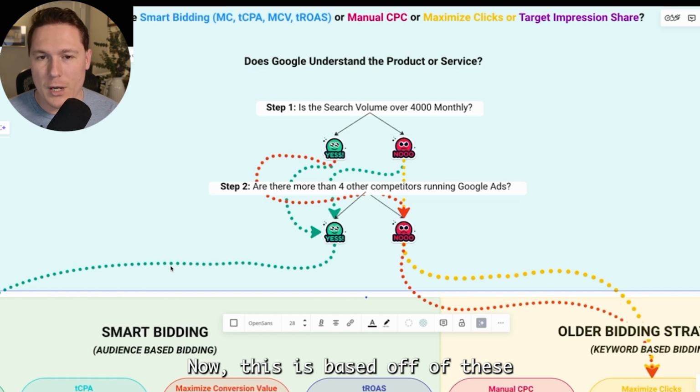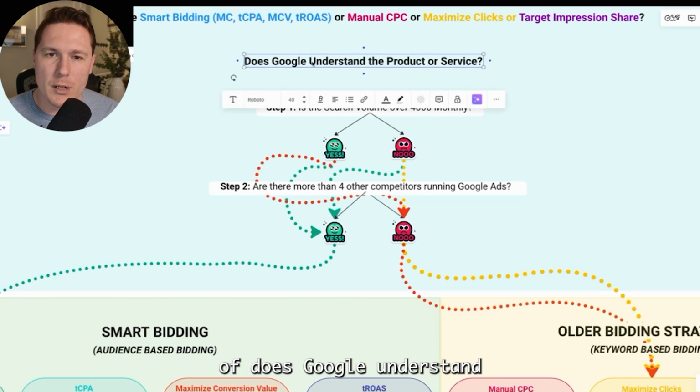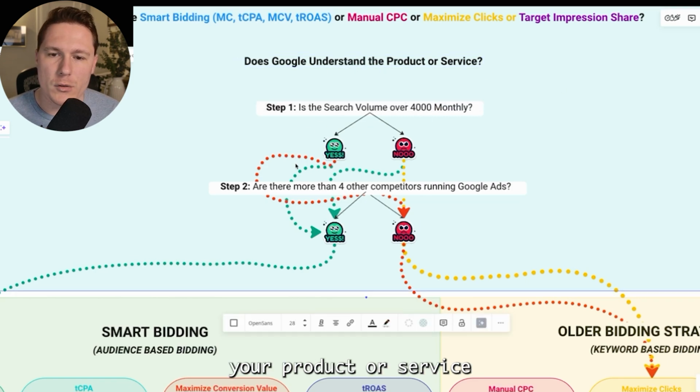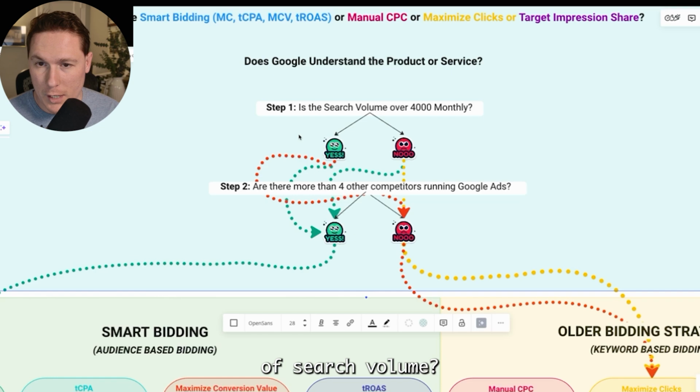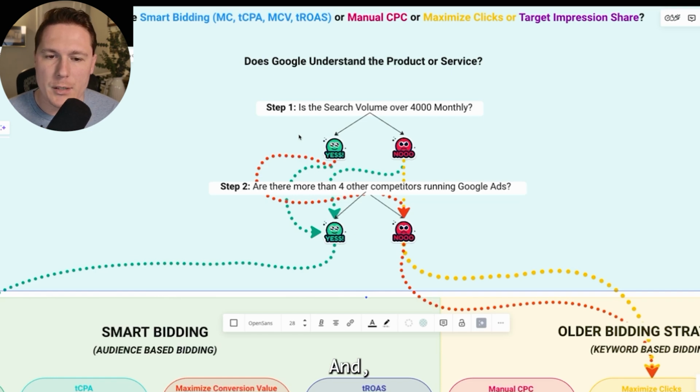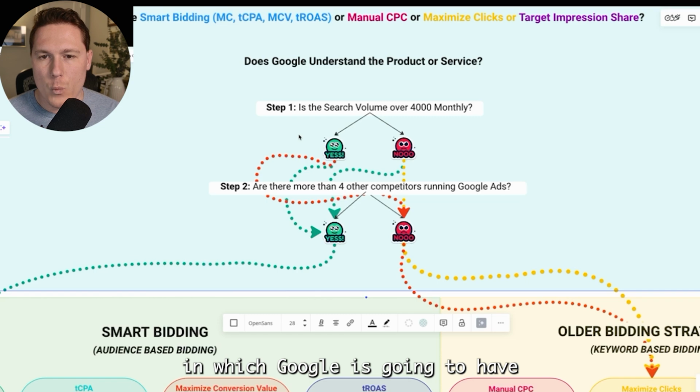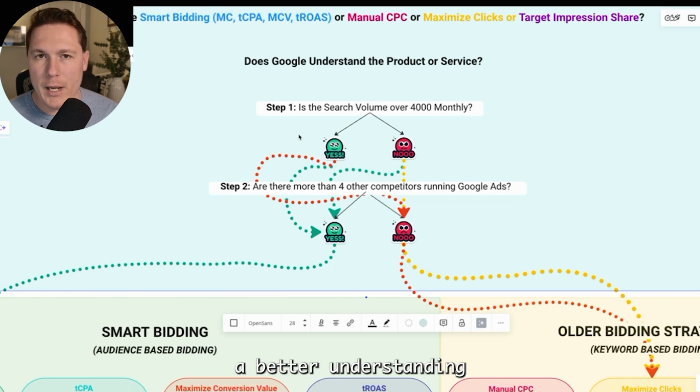This is based off of these two pieces of criteria. I can determine whether Google understands your product or service by the fact that there's a lot of search volume and there are more than 4 competitors running Google Ads, in which case Google is going to have a better understanding of the product or service that you're advertising.